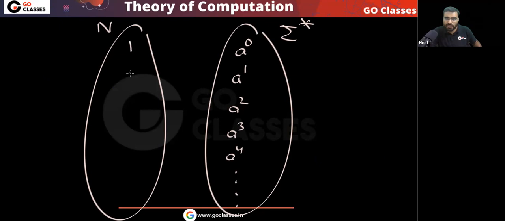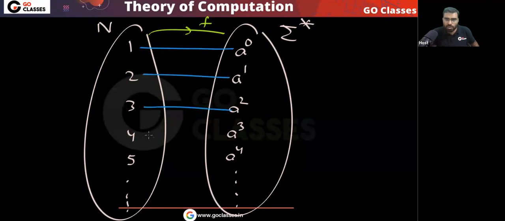And this is your N: 1, 2, 3, 4, 5, and so on. Can you give me a 1-to-1 correspondence between these two sets?